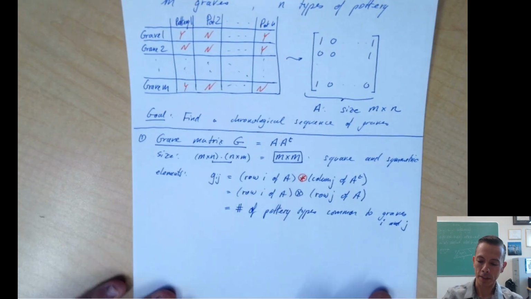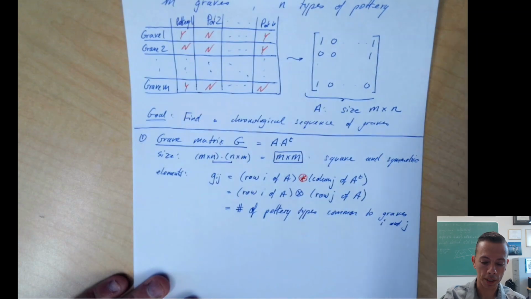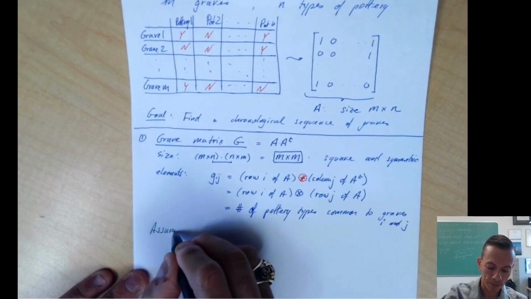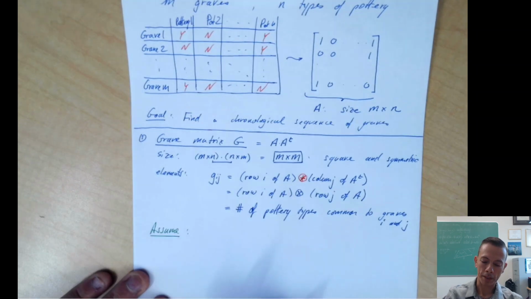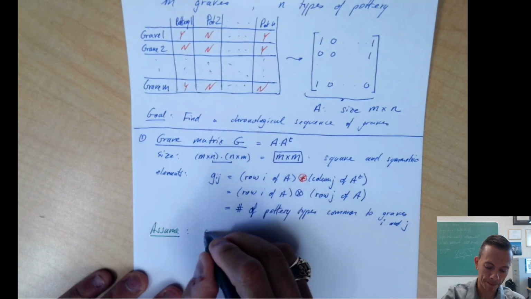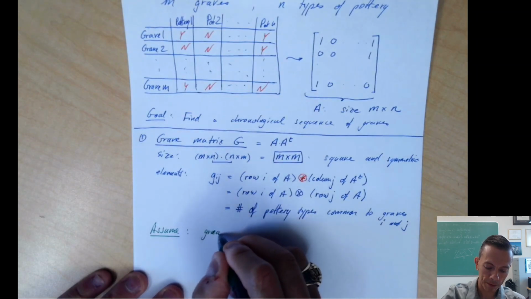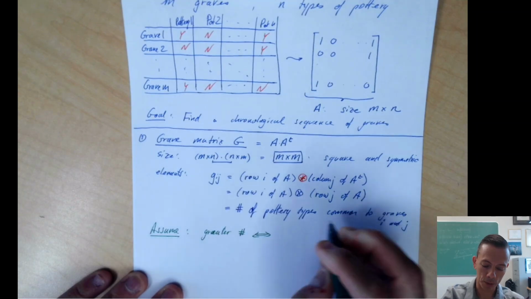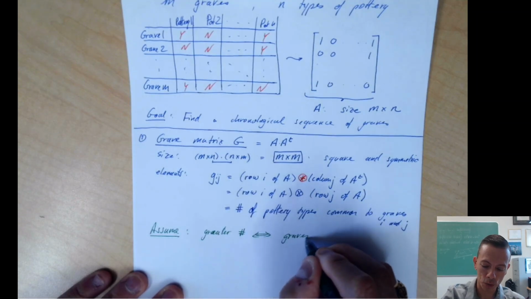Okay, and this is where you get the information that you need, because the archaeologists assume that the greater the number of pottery types common in the two graves, the closer they are in time. So the greater number is equivalent to the graves being closer in time.